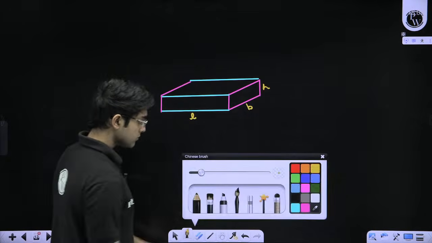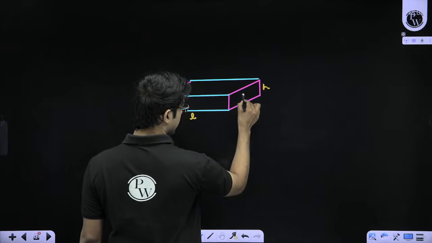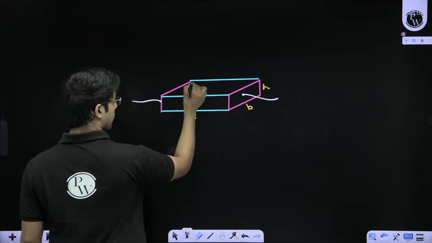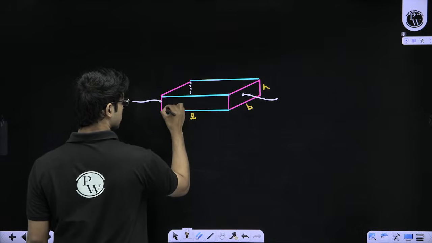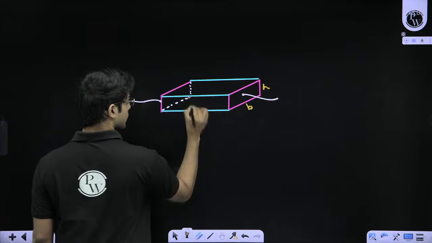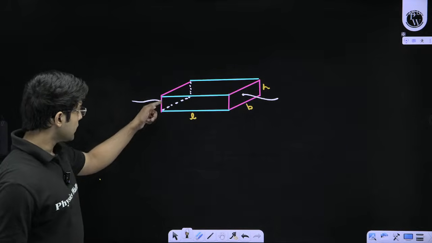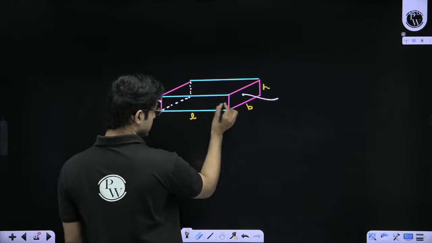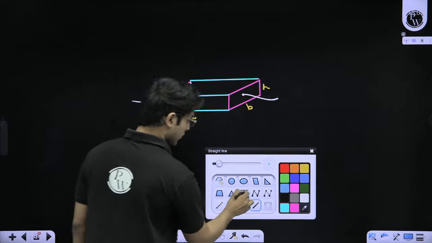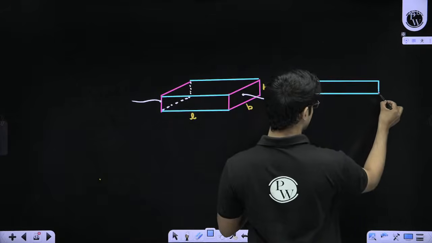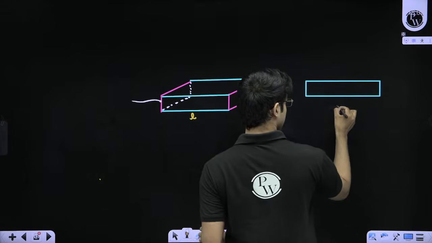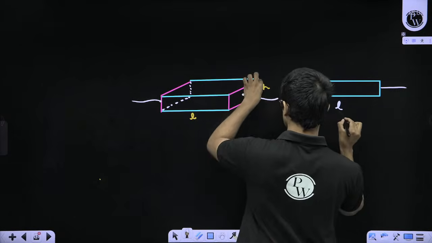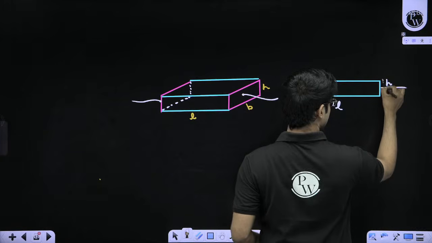Now, I'm connecting some battery between this side and this side, okay. So current will be flowing along this L length, okay. So from the side view, I will see only this L length and this length, which is H, right?